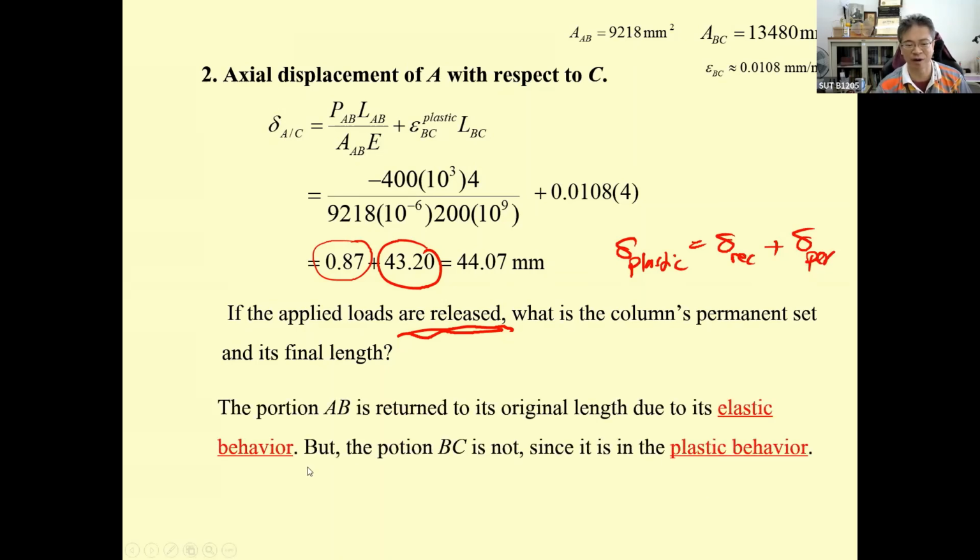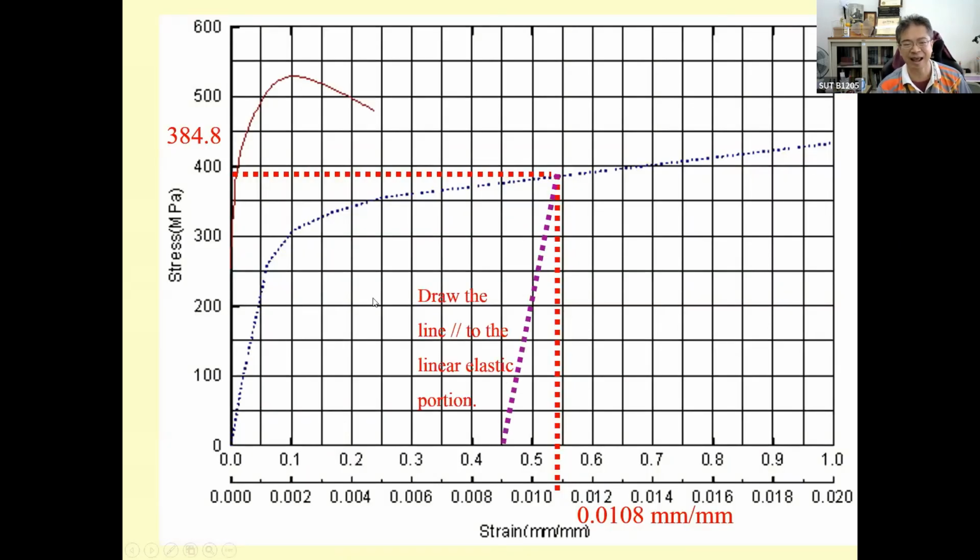By doing this, only the BC will have the permanent deformation. Just release it and it returns the same way.